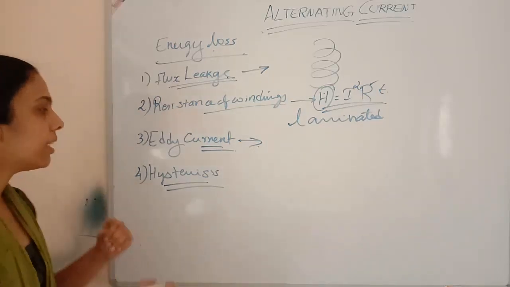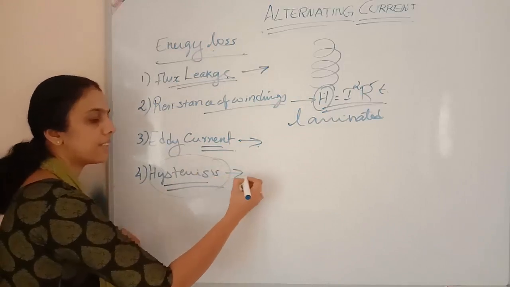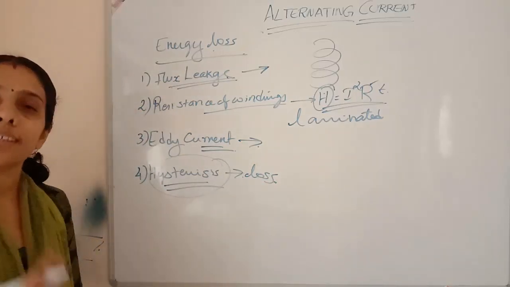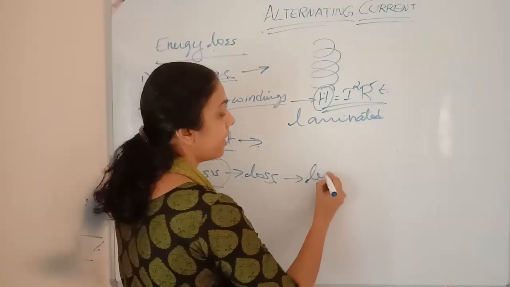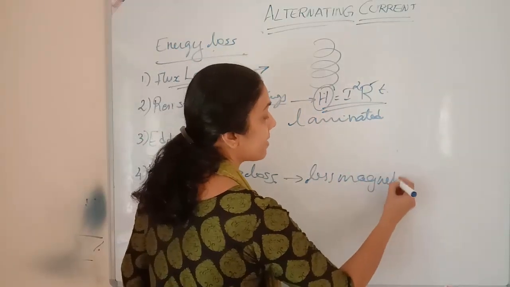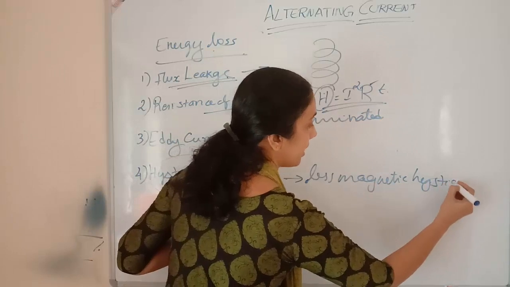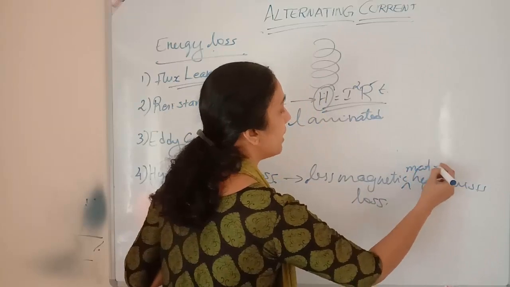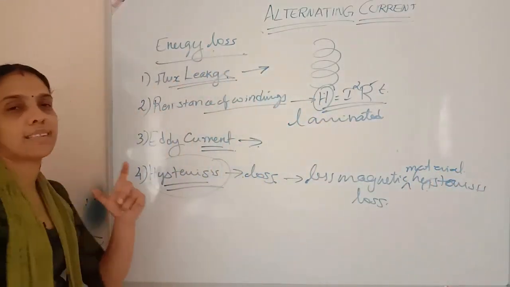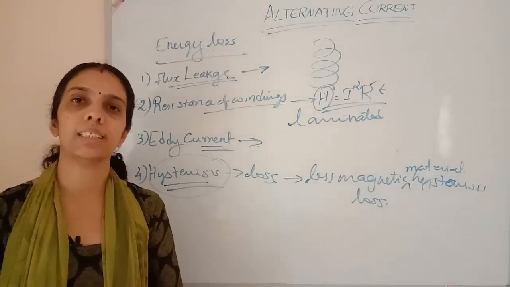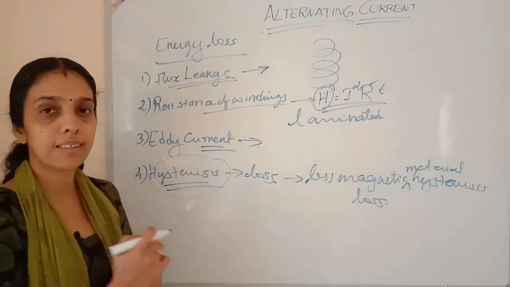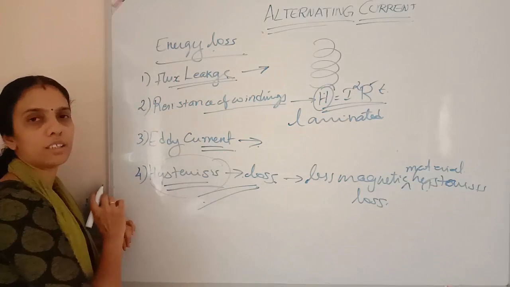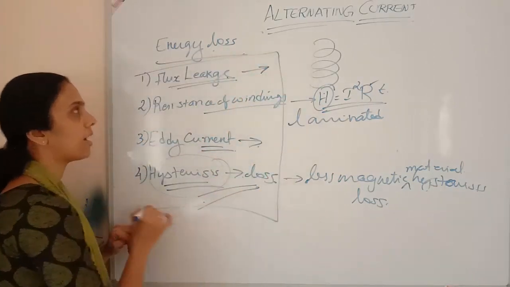So it will give a hysteresis loss in the circuit due to the changing polarity of the magnetic field. This can be reduced by using a magnetic material which has less hysteresis loss, to overcome this energy loss. So the main energy losses are these.